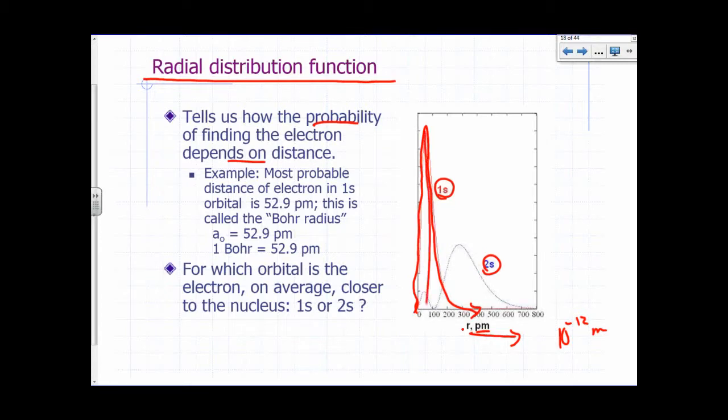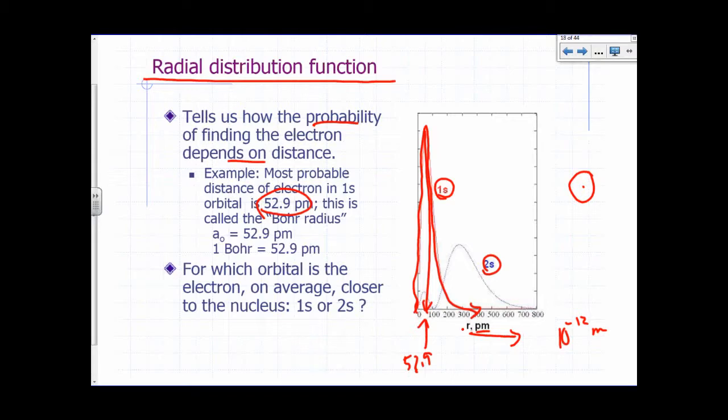If you examine this graph carefully, you'll find that the most probable distance of the electron is 52.9 picometers. This is a distance that was predicted earlier by Bohr when he tried to explain the spectrum of hydrogen using well-defined orbits. This was what Bohr found to be the first allowed orbit under his model.